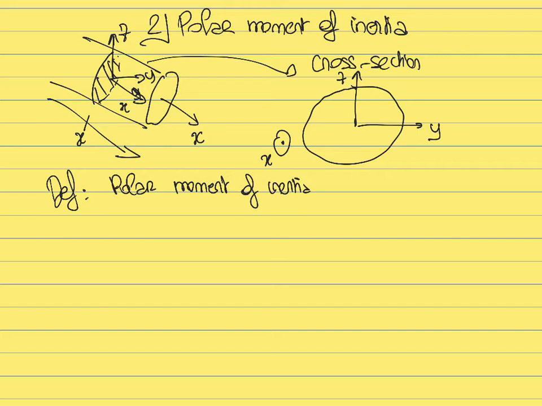In this case, to define the polar moment of inertia, I need to use cylindrical coordinates, which means that if you have a given point M, to define the position of this point M within this cross section, I'm going to define this axis that starts from the center of the beam and points towards the point M.